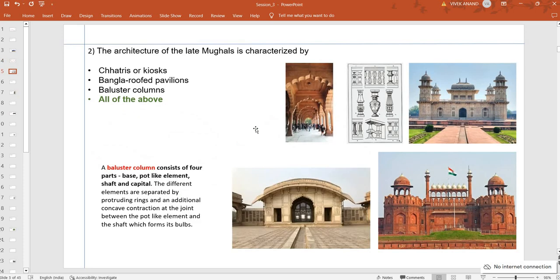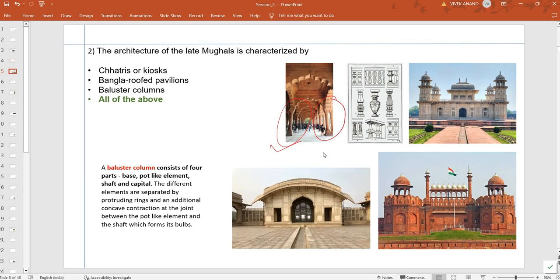So here you can see different images. In the first image, what can you see? Can anyone tell why I have put this image here? For what example? What are these?